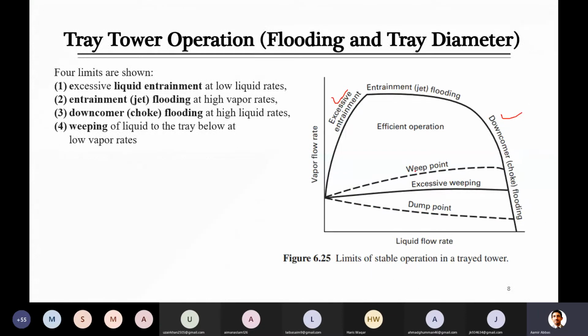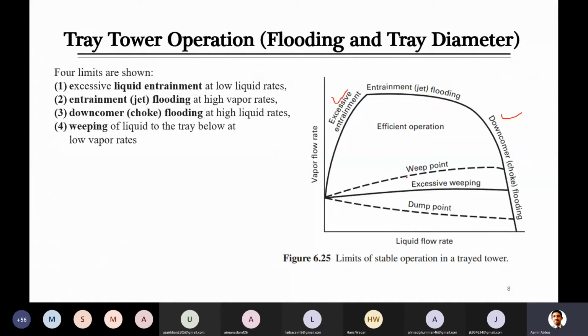Here all these three lines are just indicating the weeping. Weeping was a phenomenon in which, when the vapor flow rate is decreased sufficiently, liquid starts passing down to the downward plate through the perforations of the plate.